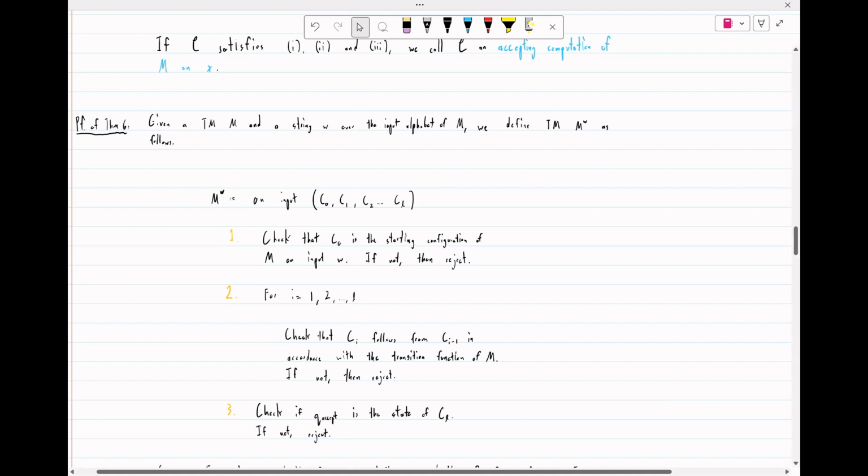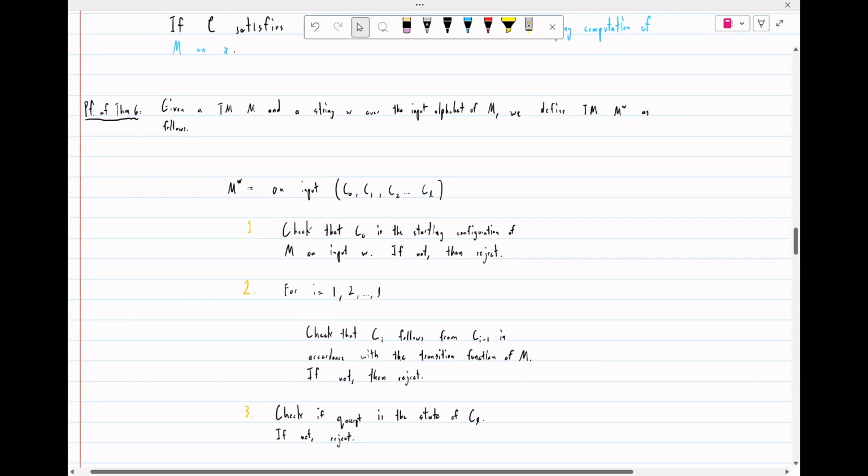For all my other configurations, I check that Ci follows from Ci minus 1 in accordance with the transition function of M. If I fail this condition on any of these, then I reject. If I ever find a configuration that doesn't follow from the last one, I'm done. I reject.